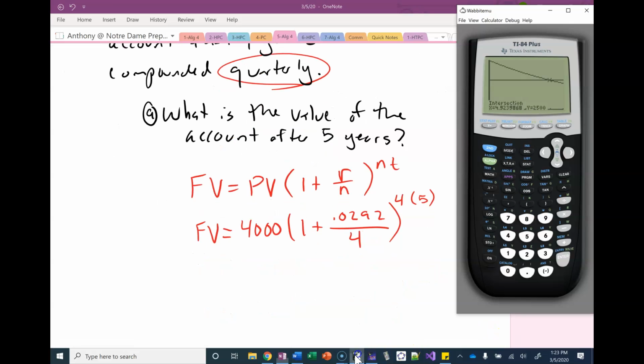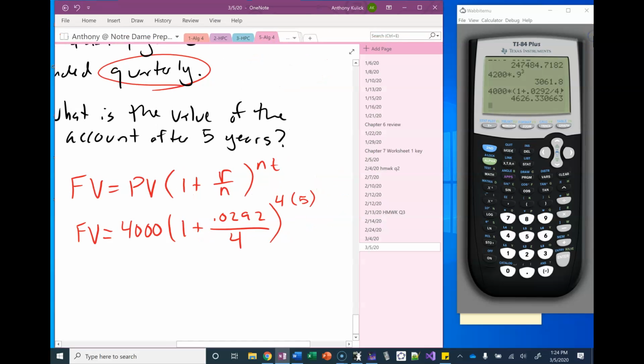So let's go ahead and type this into our calculator and see what we get. So how should I round this answer?